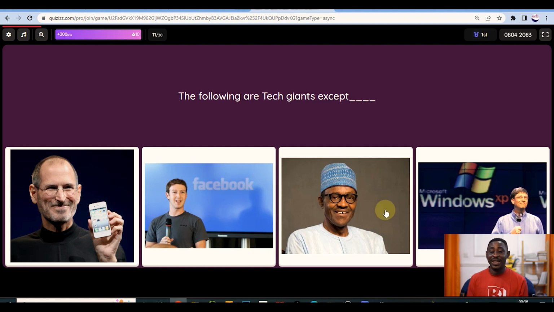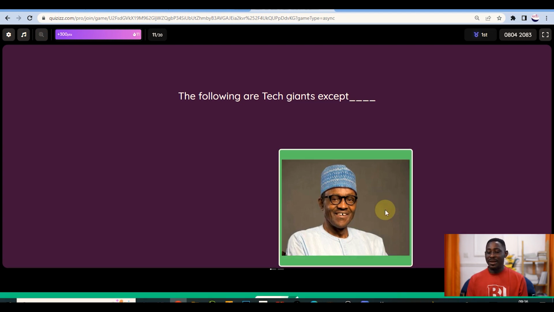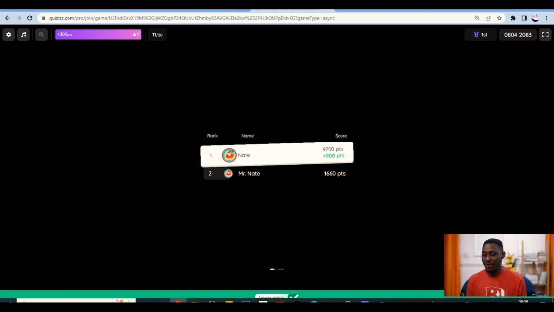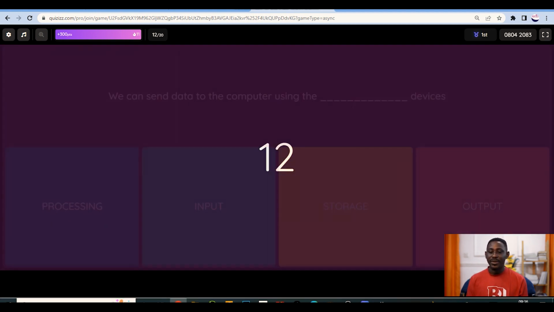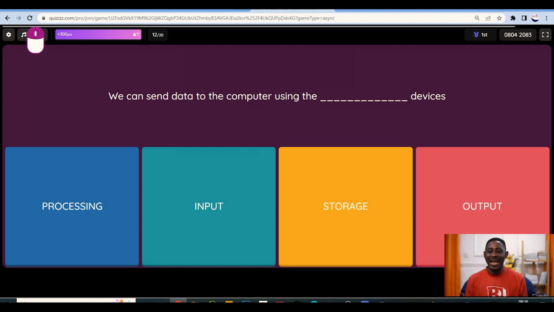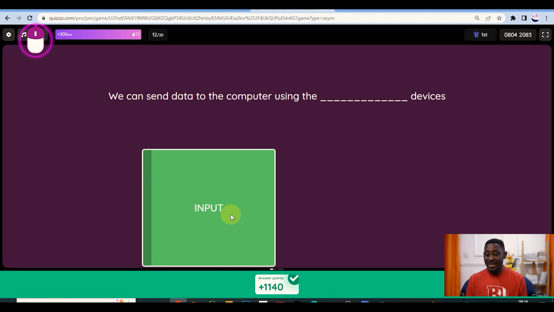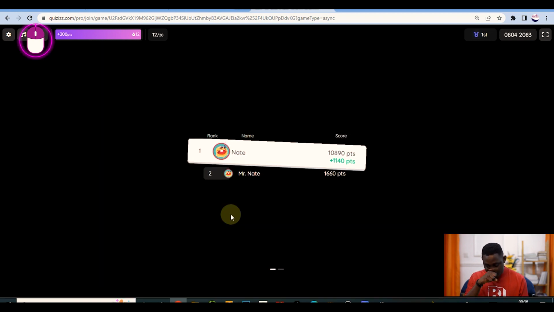The right answer is our President Muhammadu Buhari. He is not a tech giant. The next question is, we can send data to the computer using the dash devices. Processing devices, input devices, storage devices, output devices. Input devices are used in sending data into the computer.